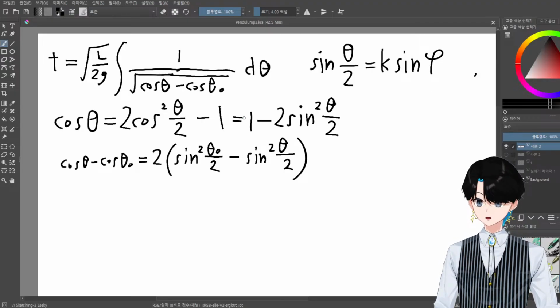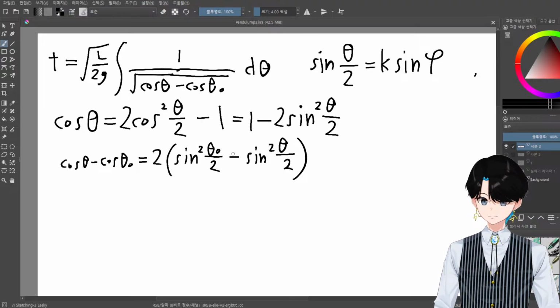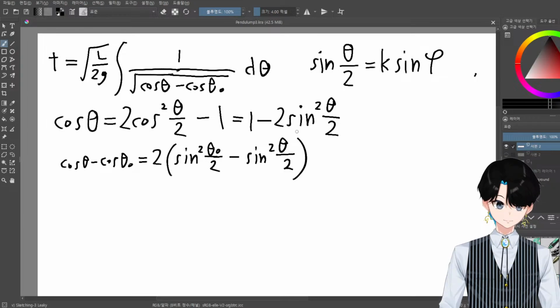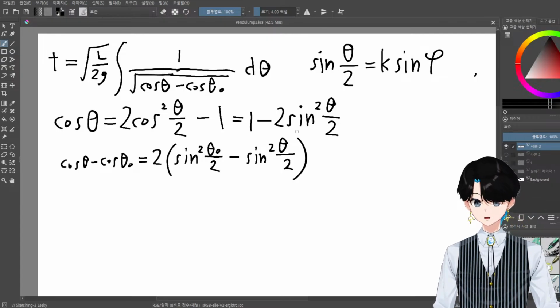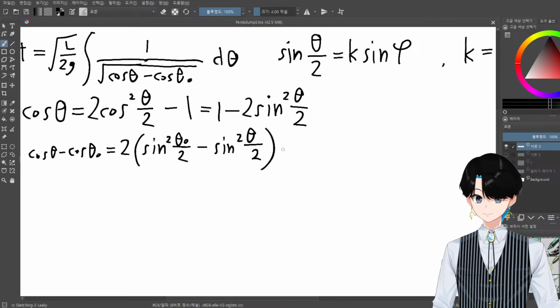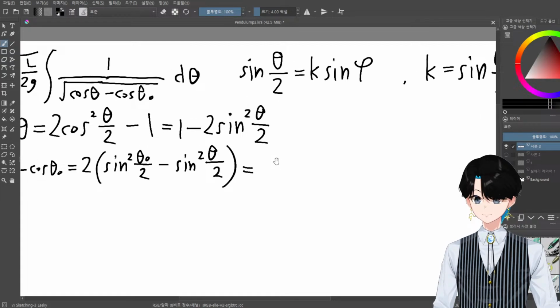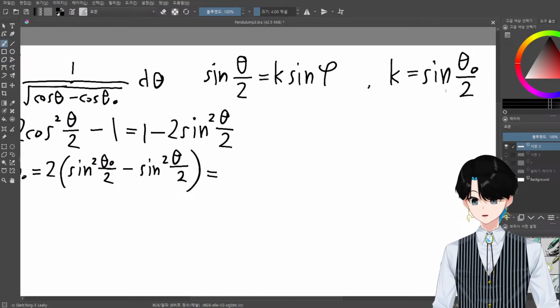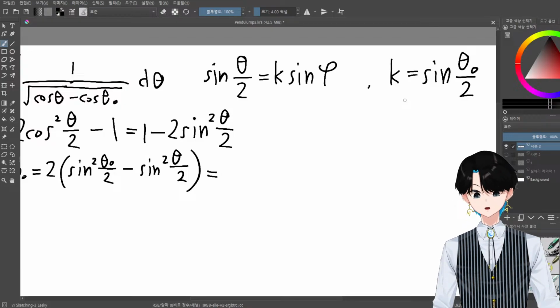Okay, where did I leave off? It's 2 times sine squared theta 0 over 2 minus sine squared theta over 2. Yeah, sine theta 0 over 2 is equal to k.